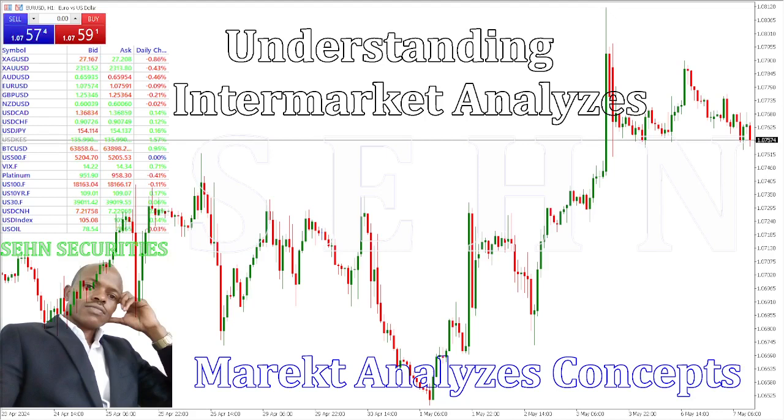As we have always mentioned, it is important for traders and investors to note that there is no method of analysis that is designed to be used as the only method of analyzing assets. It follows that intermarket analysis is most effectively used along with other analytical tools or techniques.